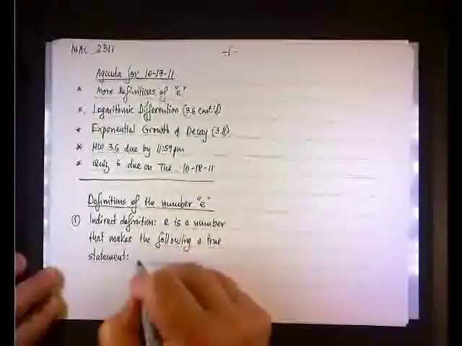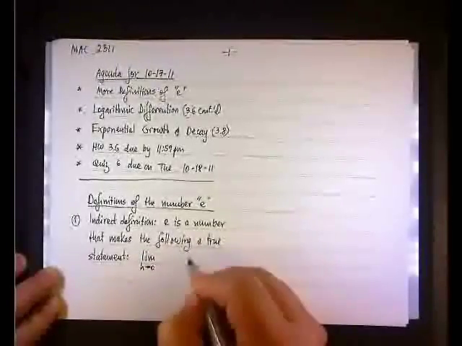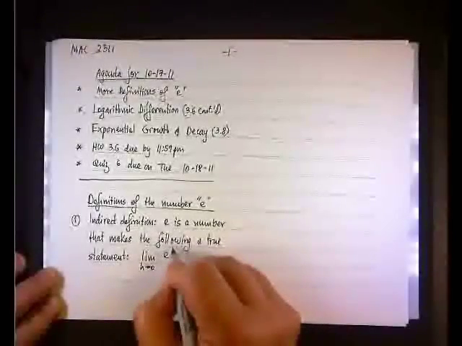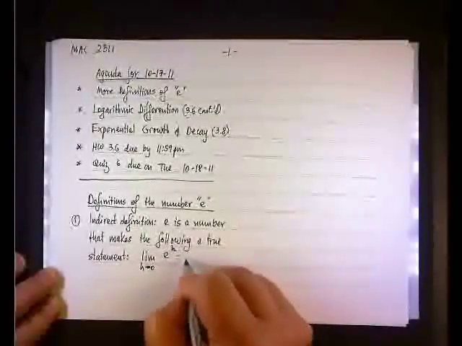And as I said, we've seen this before. This is the limit as h approaches 0 of something to the, well, that something will be e to the h minus 1 over h.